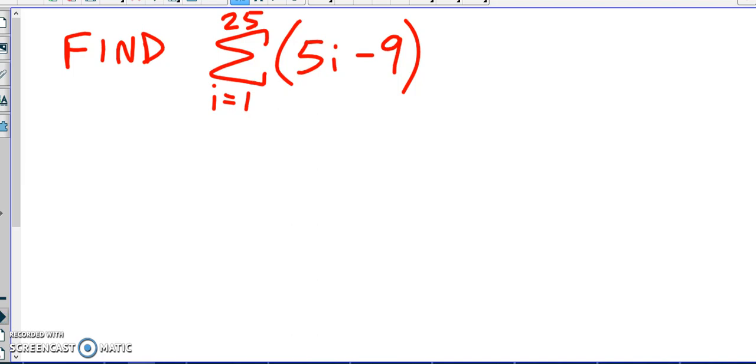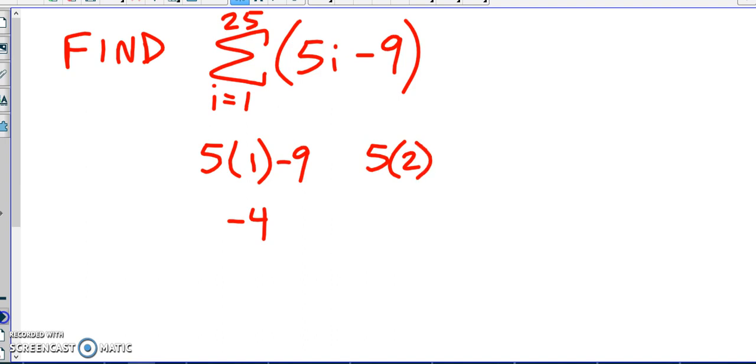Well, first of all, we need to verify that this would be arithmetic. So note that the first term would be 5 times 1 minus 9, which would be negative 4. The next term would be 5 times 2 minus 9, which would be 1. Then 5 times 3 minus 9, which would be 6.